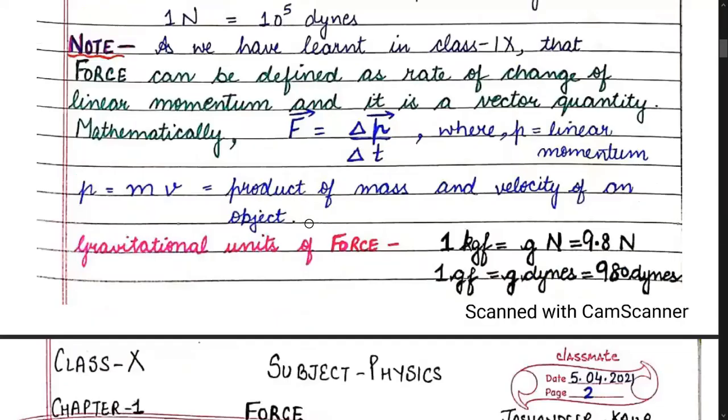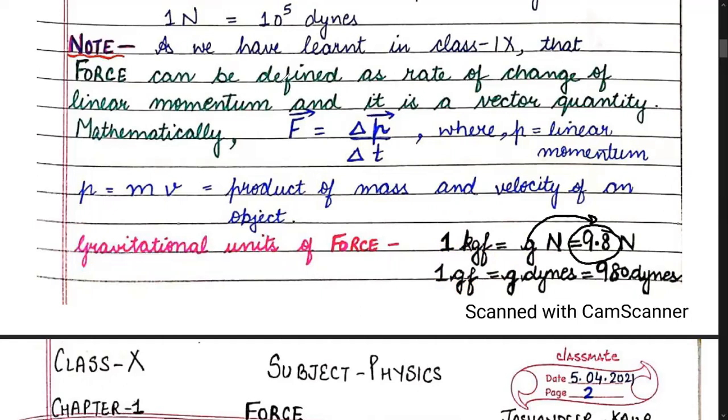Similarly, we did gravitational units of force also. The gravitational units of force are kgf, that means kilogram force, and gf, which means gram force. 1 kilogram force is equal to g newtons, where g is acceleration due to gravity, and we have to find the answer in newtons.